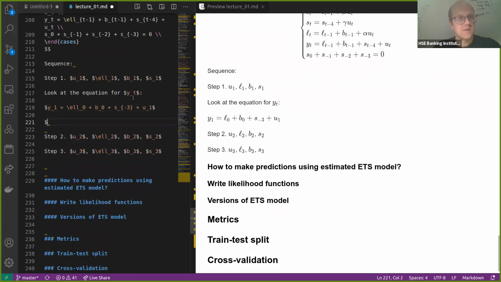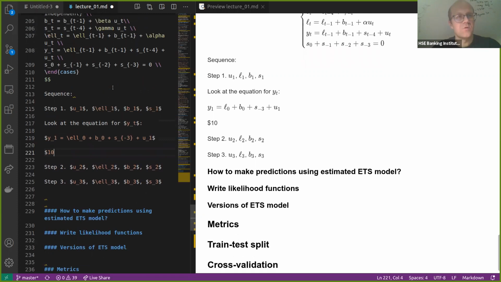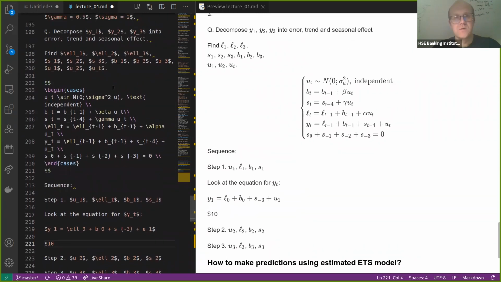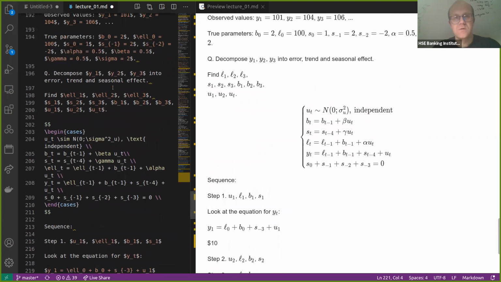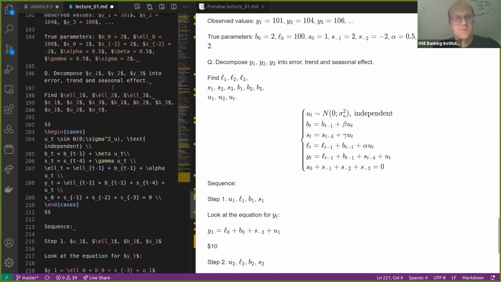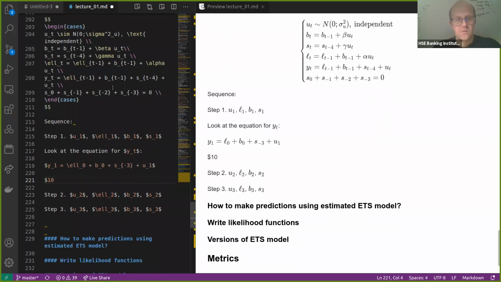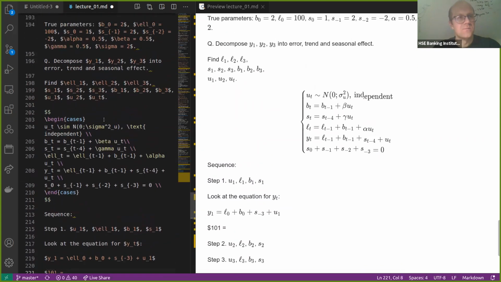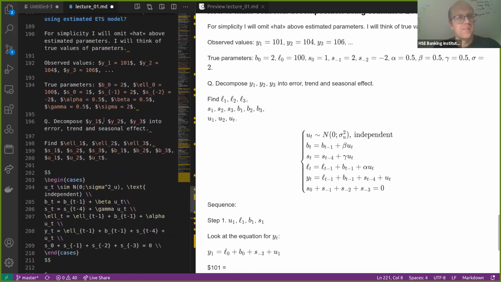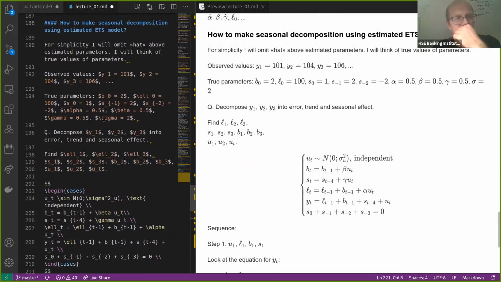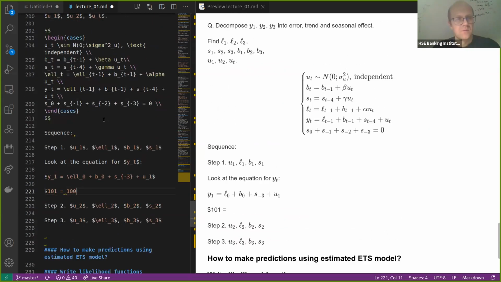So in our case, I don't remember, it is 101, yeah? 101 equals 100 plus 2 plus, what is the seasonal effect? Who can find me the seasonal effect?